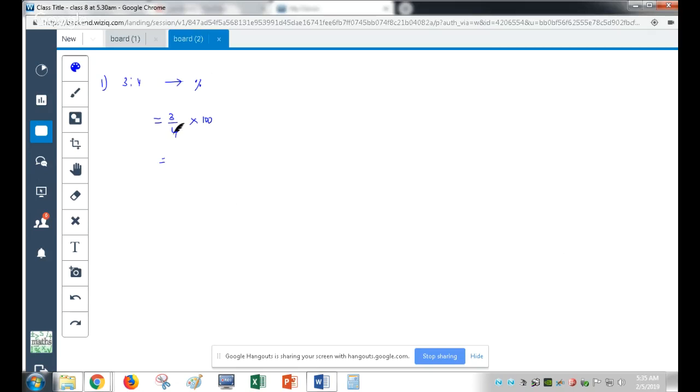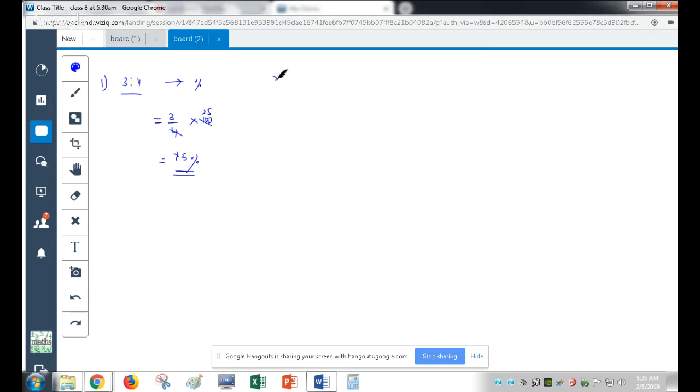Then this 4 will cut in 25, and it is equal to 75%. That means if you want to convert a fraction into a percentage, you have to multiply with 100.